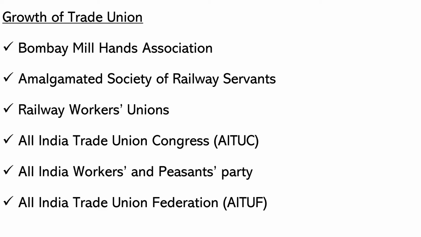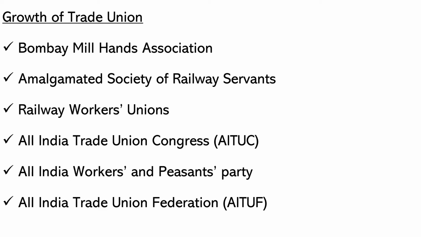Now what happened next is trade unions started growing fast during and after World War I, because of the increase in the cost of living and the rise of nationalism. All these things contributed to the growth of trade unions in India. During or after World War I, Indian Seamen's Union at Calcutta and Bombay were formed.